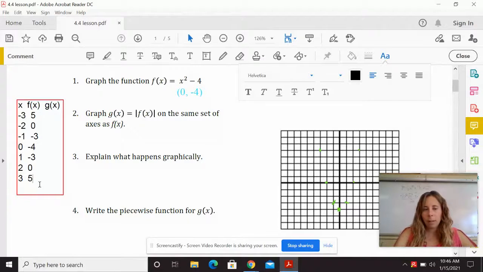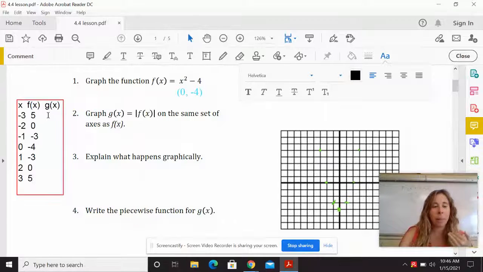When you take the absolute value, it makes it positive because absolute value is the distance from 0, and distance cannot be negative. I can't run negative 5 miles. Distance is never negative. How far did you run today, Duncan? Negative 2 miles? No, it doesn't work. So absolute value makes everything positive.